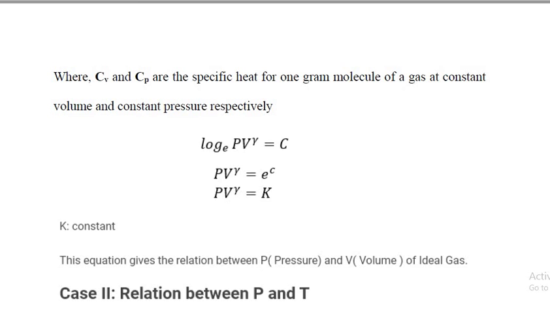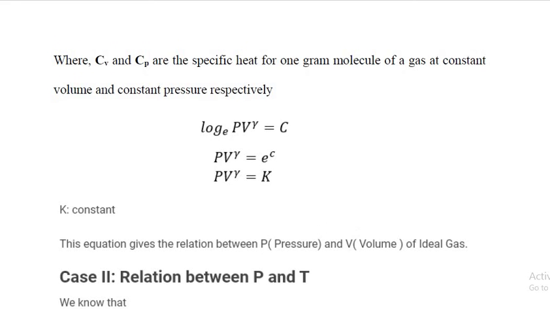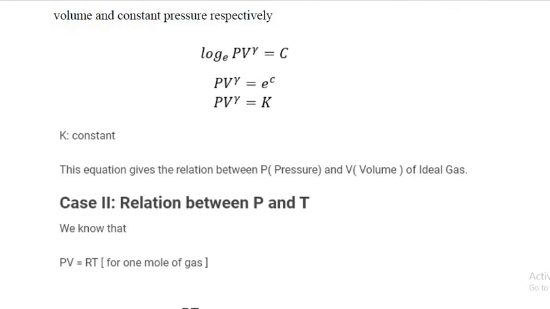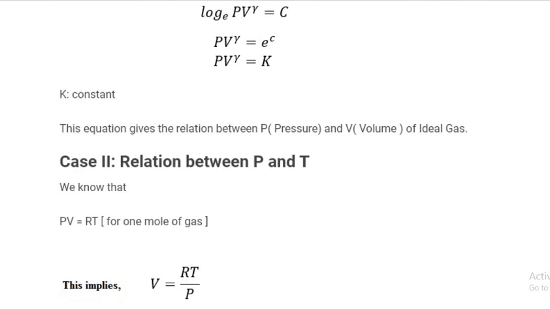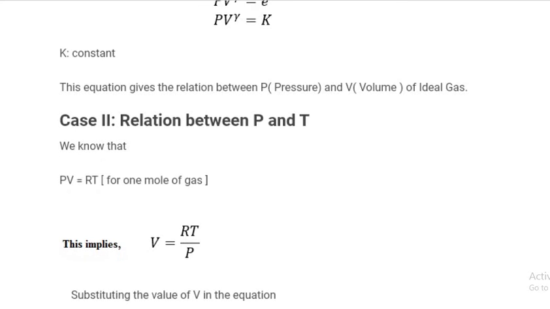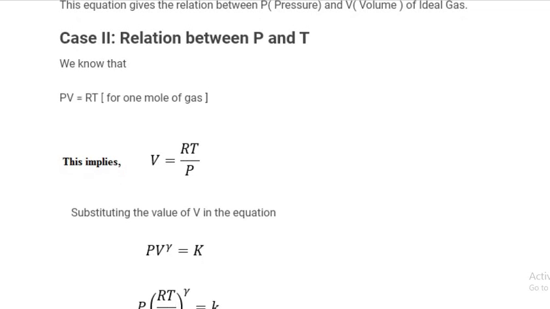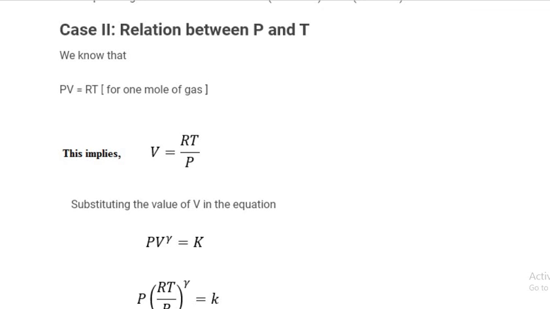Similarly, we can find out the relation between pressure and temperature in an adiabatic process. So we know that PV is equal to RT, that is the ideal gas equation for 1 mole of a gas, so n is equal to 1. Usually we write PV is equal to nRT. So for 1 mole of a gas, n is equal to 1, so we have written PV is equal to RT.